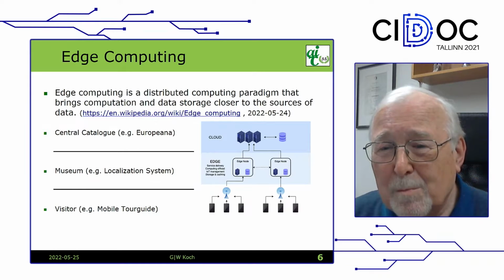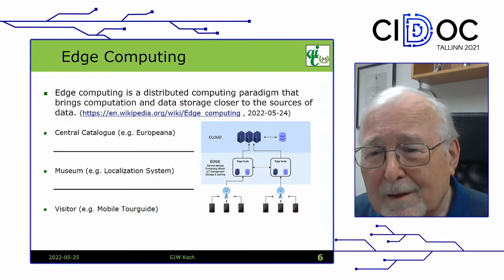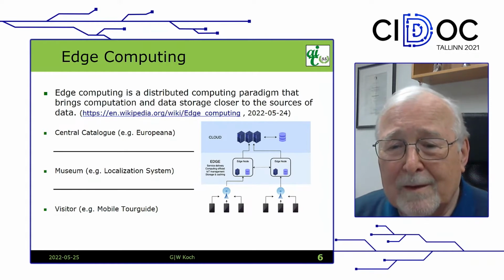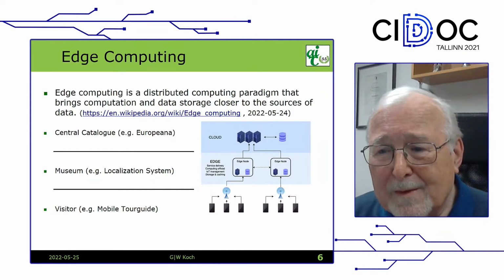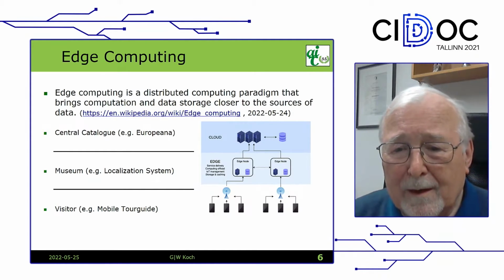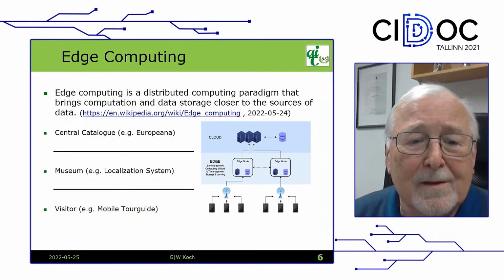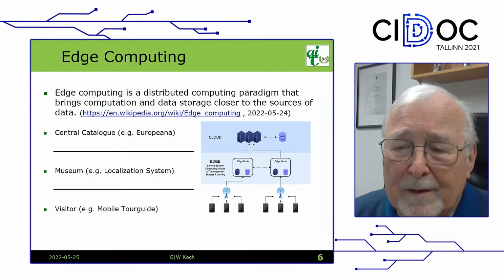So if you have the interest profile of a visitor stored in the tour guide, then you can dynamically change the path to an object of interest. So that's a localization system.